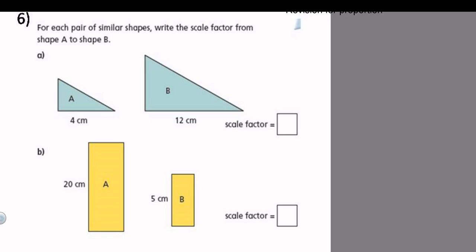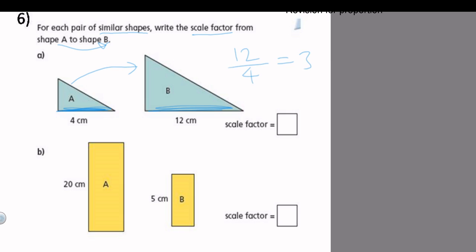Right, here's another similar shape question. Let's read the question. For each pair of similar shapes, write down the scale factor from shape A to shape B. So we're going from shape A to shape B. You can see the shape has gone bigger. So to find the scale factor, compare the 2 bottom sides that are given. 12 divided by 4, that gives you 3.